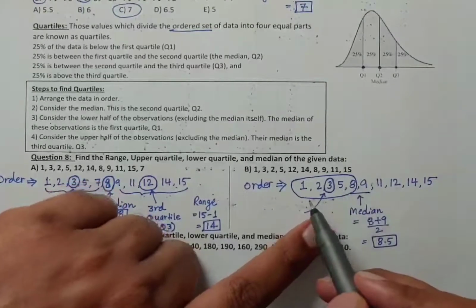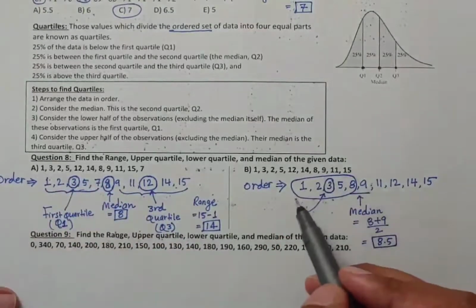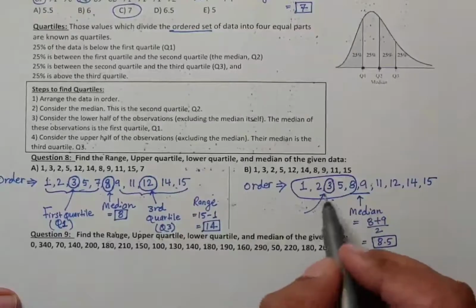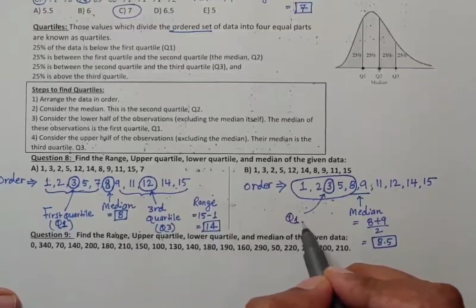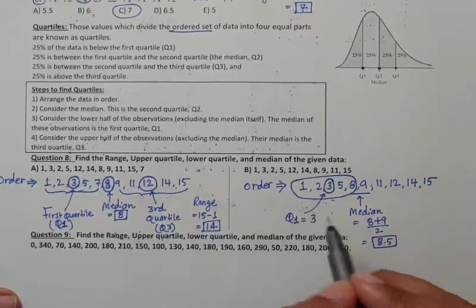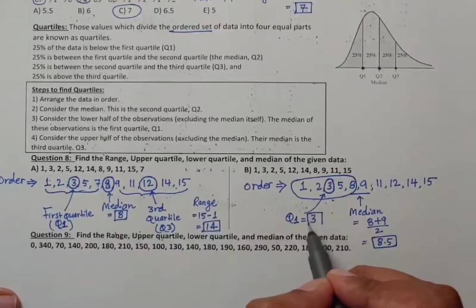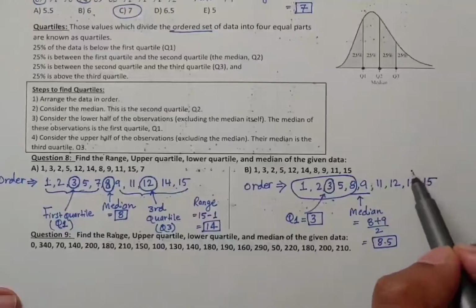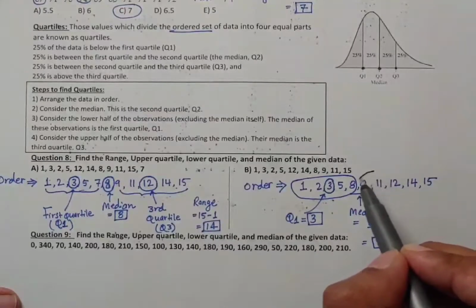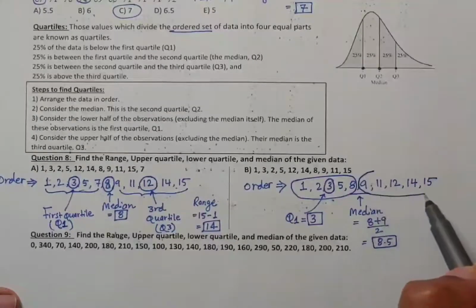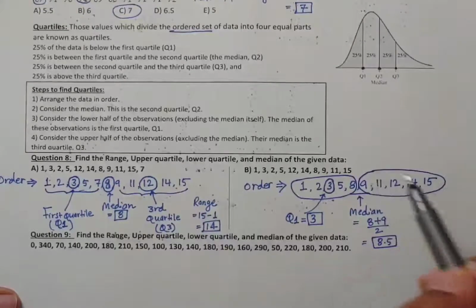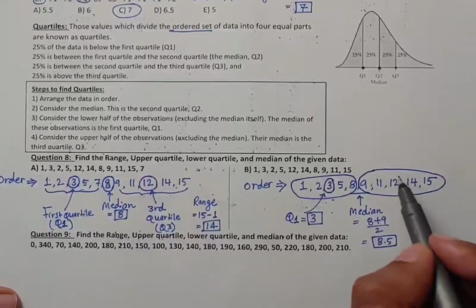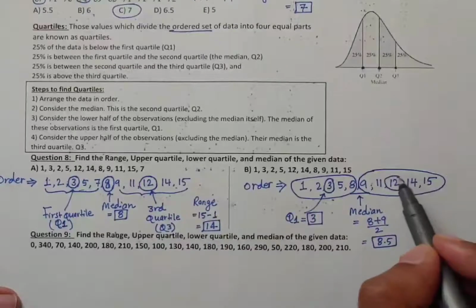So we consider 8 for the first half, and we get the first quartile Q1 equals 3. And when you take the second half, you include 9 and get the second half, and then from there you find the median.